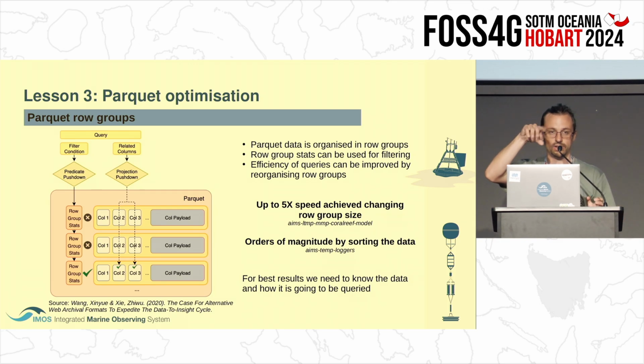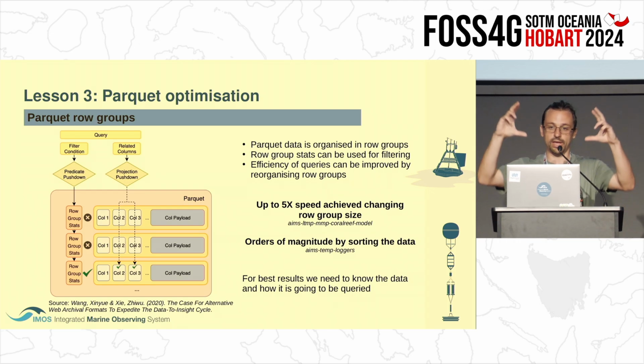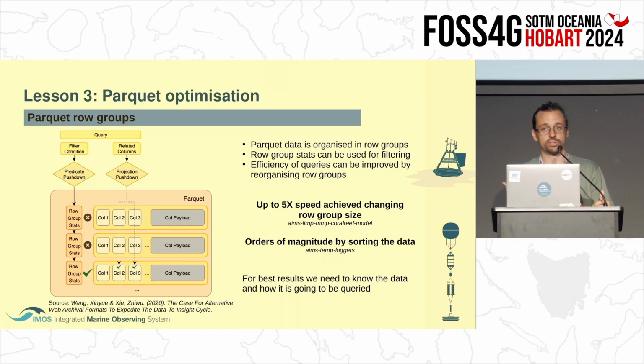So internally to each group, you will still have the first column, second column, third column, but you have this organization of the data. Together with that, Parquet is also storing statistics for each row group, so it's able to know if some query you're running should look into a specific row group or not, discarding entire rows even before looking at them.